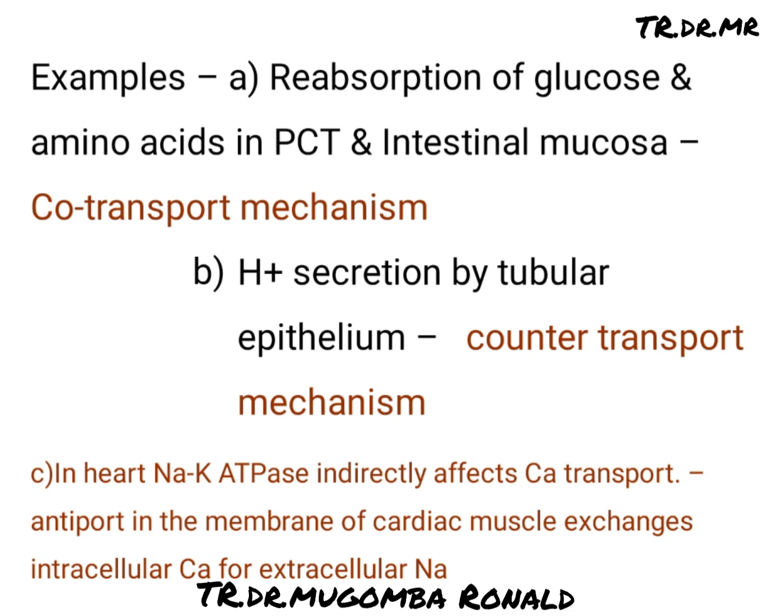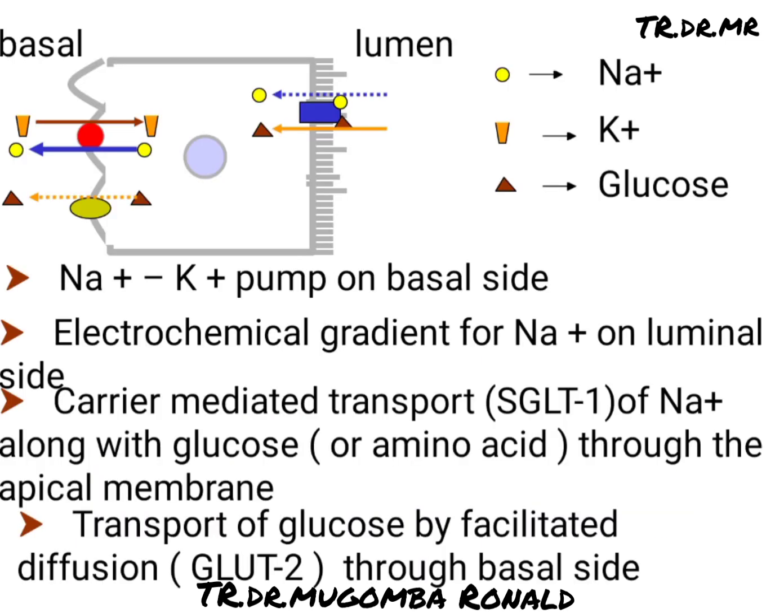Now there are other examples, like the reabsorption of glucose and amino acids in the proximal convoluted tubule cells. There, as we secrete hydrogens into the tubular epithelium, we absorb sodium and glucose at the same time. You can clearly see here that as we are taking in sodium, at the same time, glucose is also entering.